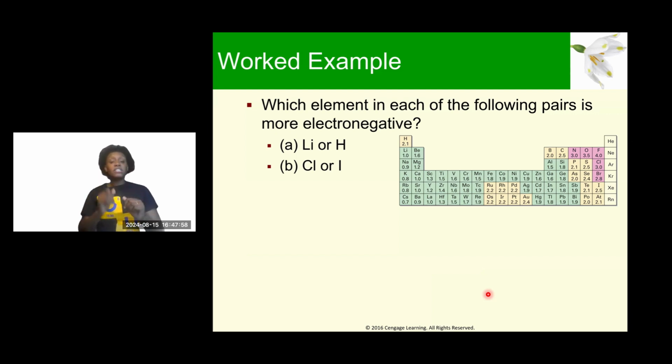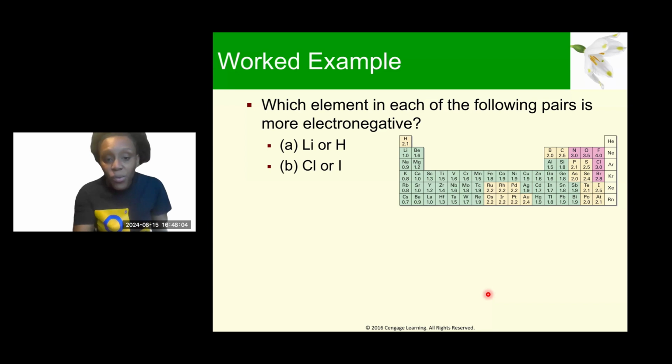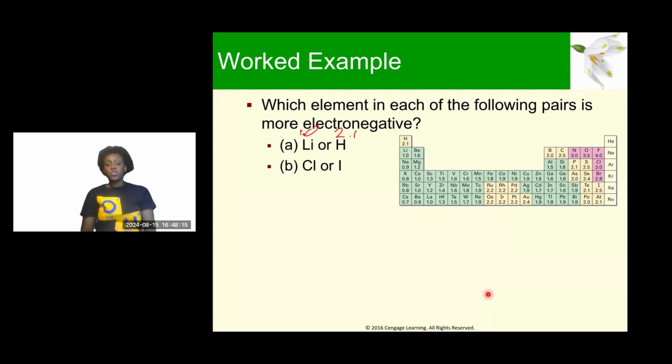All right, so for question A, if you chose between the two, we're looking at lithium, which has 1.0, and hydrogen that has 2.1. And so between those two, hydrogen would be the more electronegative atom, okay? Now, let's look at the next one.